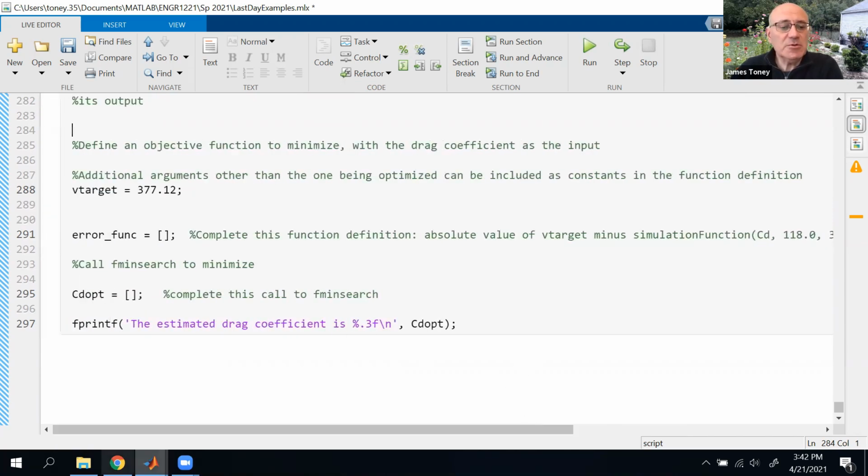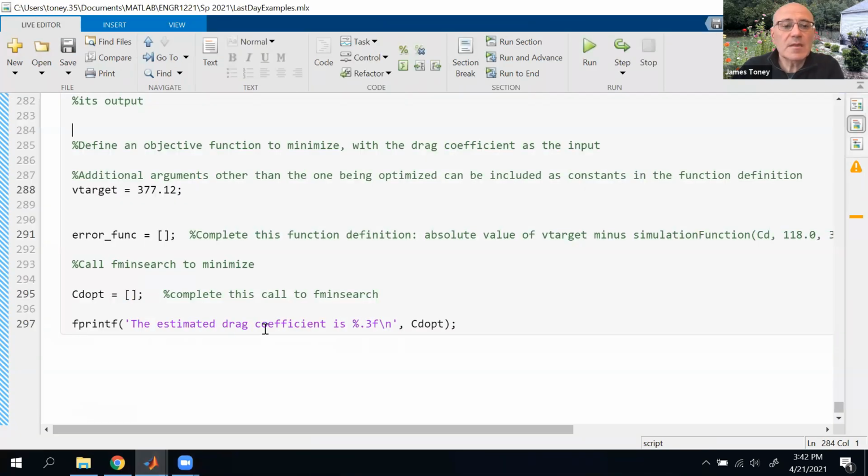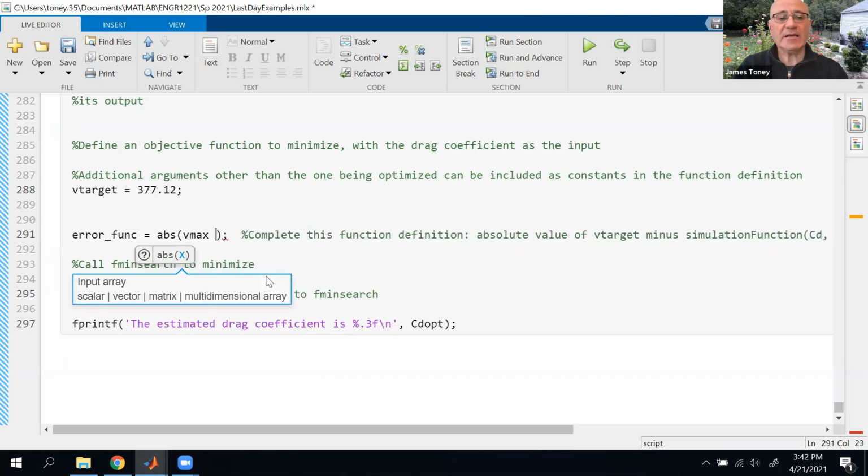So what I'm going to do, and I'll show it to you here, I'm going to construct my simulation function so that it takes in a certain number of parameters, one of which is the drag coefficient, and returns the maximum velocity, because that's the thing we're trying to match. But that's not what I want to minimize. I don't want to minimize the maximum velocity. I want to minimize the difference. In other words, the absolute value of Vmax minus what the simulation returns.